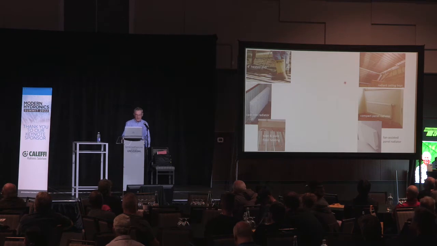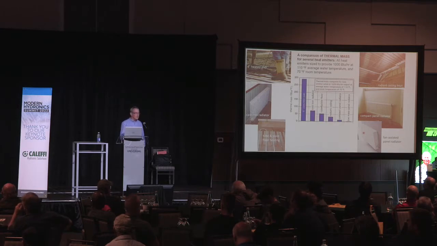Now, thermal mass, here's pictures of different types of heat emitters that we could tie into the system. We've got a 4-inch slab there, cast iron radiators, what I call above floor tube and plate down here, radiant ceilings, utility style panel radiators, and even these fan assisted panel radiators.